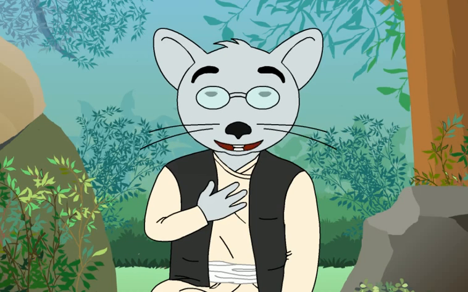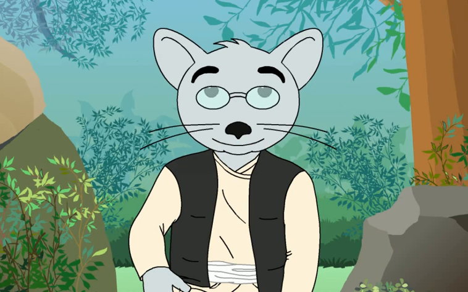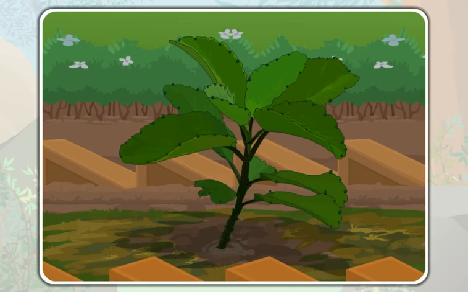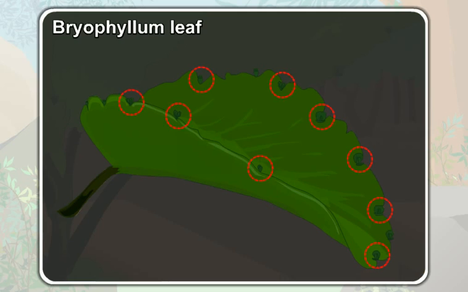Students, now let me tell you an interesting kind of reproduction in the plants. Have a look at this plant. Do you know its name? It is a Bryophyllum plant. Take a look at its leaves. Do you see the small buds arising along the leaf margin?